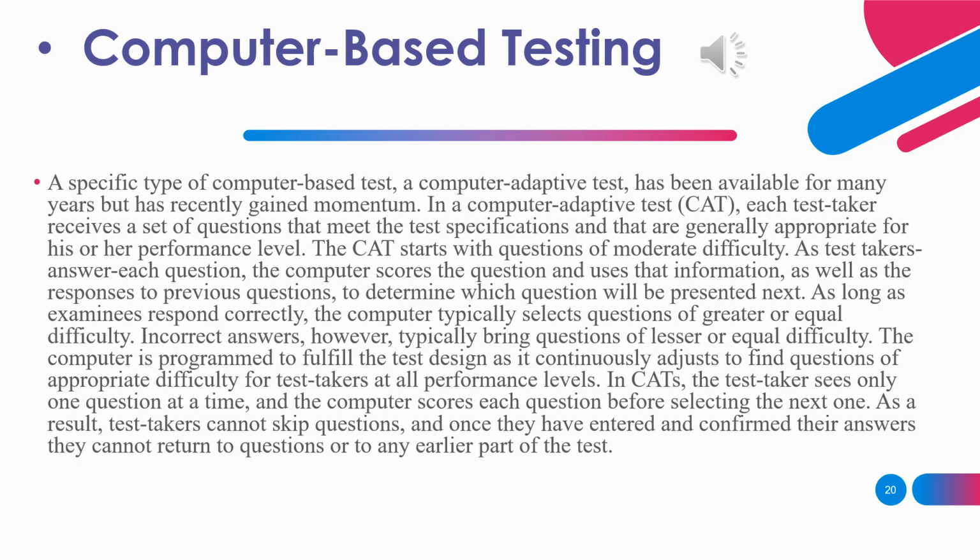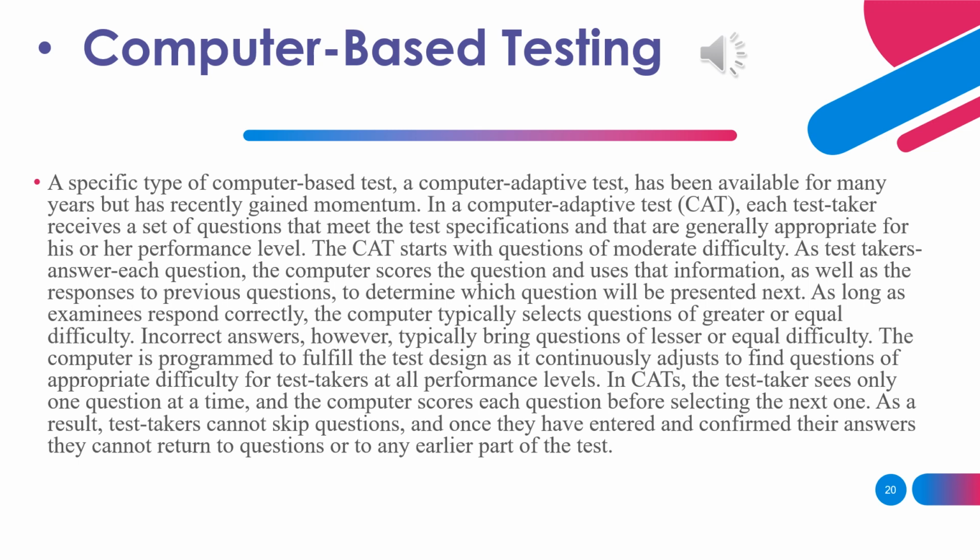As long as examinees respond correctly, the computer typically selects questions of greater or equal difficulty. Incorrect answers, however, typically bring questions of lesser or equal difficulty. The computer is programmed to fulfill the test design as it continuously adjusts to find questions of appropriate difficulty for test takers at all performance levels.